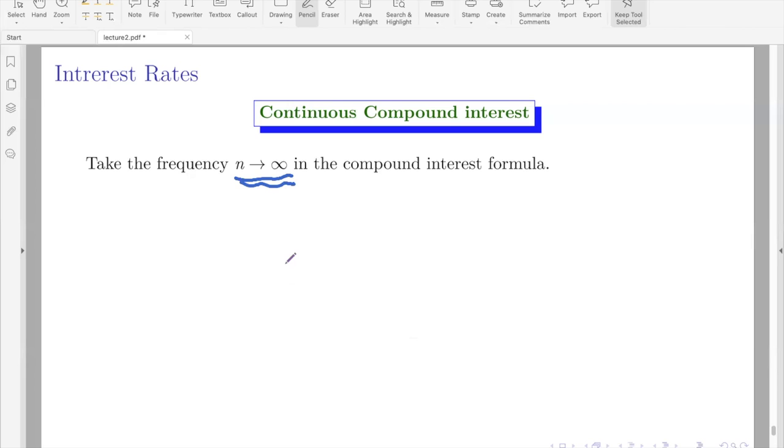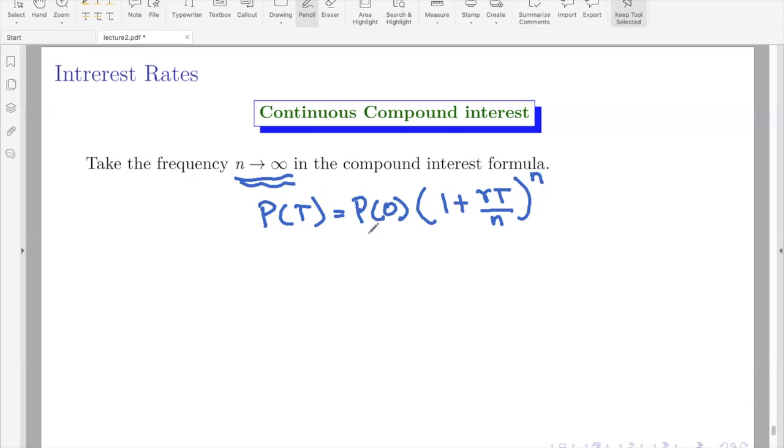If you recall, in the compound scheme the formula was P of t is equal to P of 0 into 1 plus interest rate per period to the power of n.